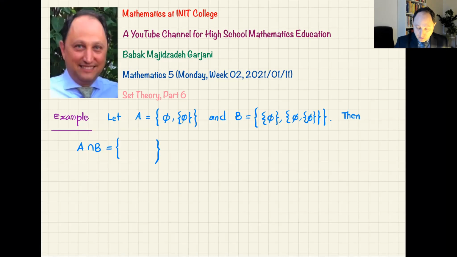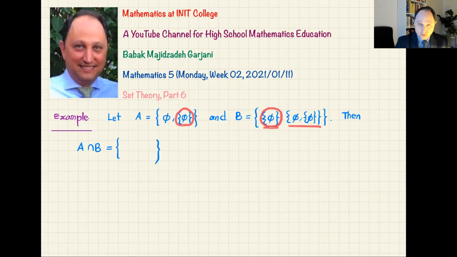And again, the cardinality of B is 2, but the elements are this set and this set. Is there something in common? Immediately you see that yes, this element is inside A. Simultaneously, it is also inside B. So this is the only element in common between them. So I need to put that element inside the intersection.